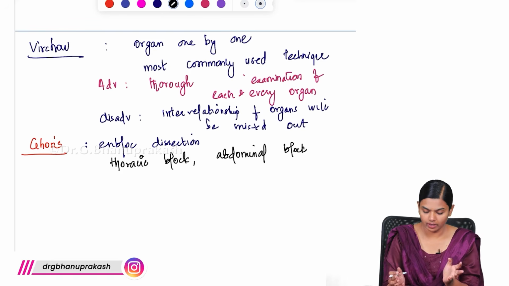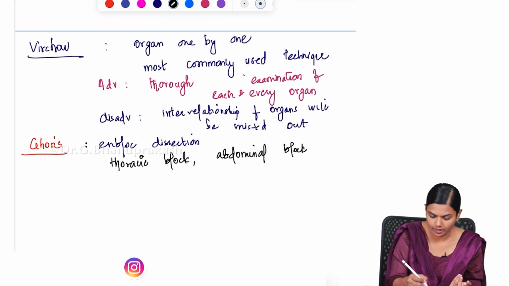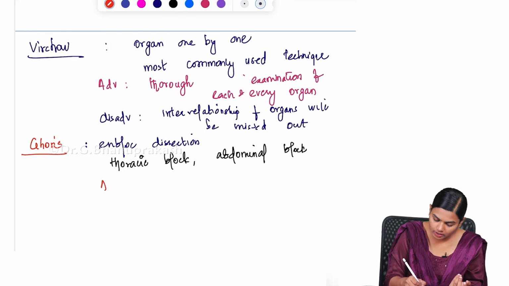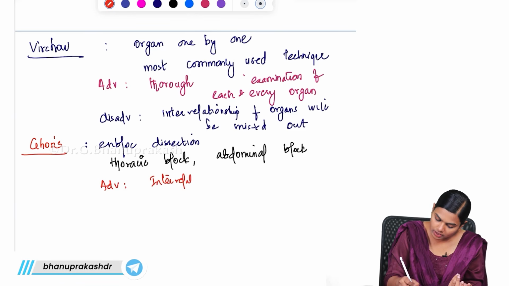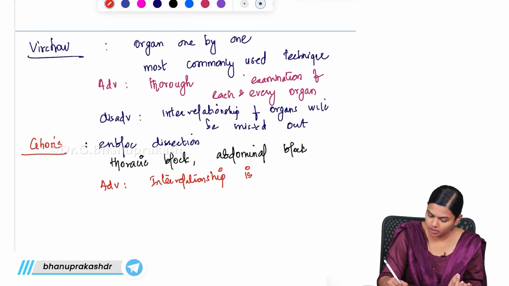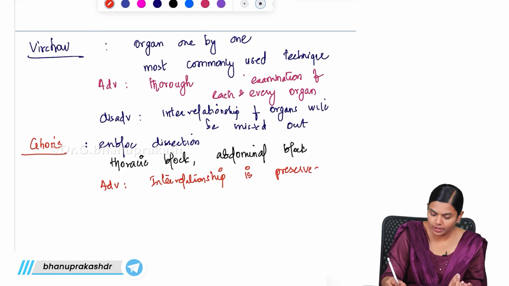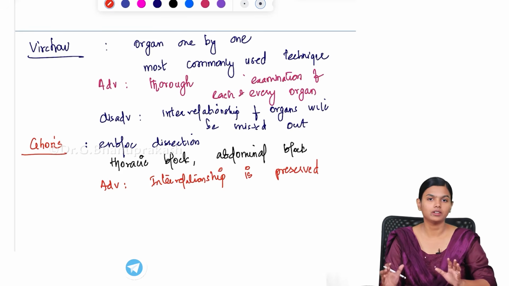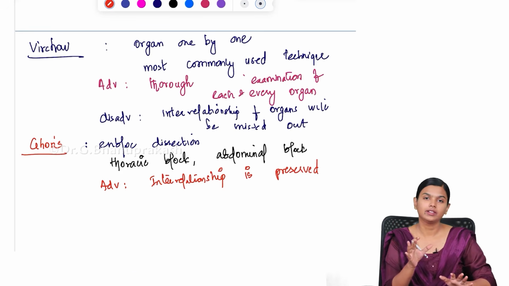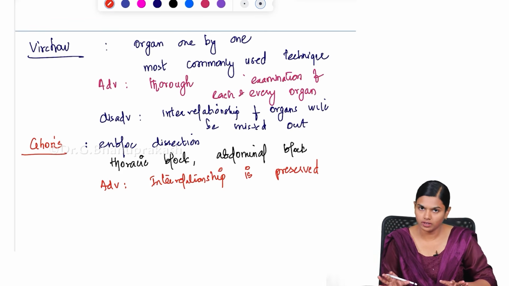With Ghon's technique, the main advantage is that the interrelationship is somewhat preserved. Maybe not the perfect interrelationship, but since you are taking the organs out as a bunch, it will be somewhat maintained.